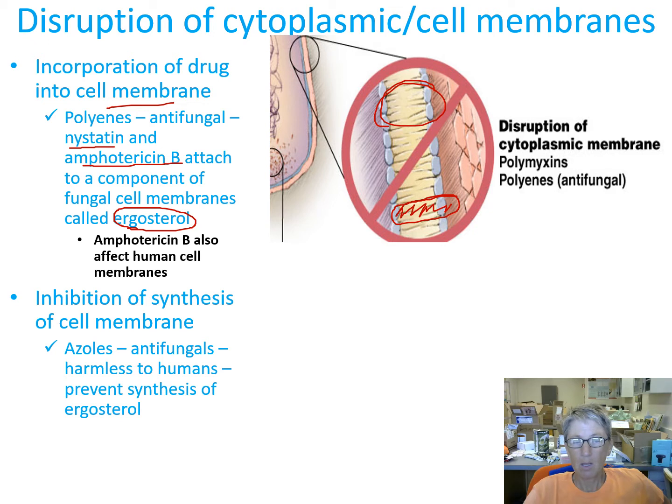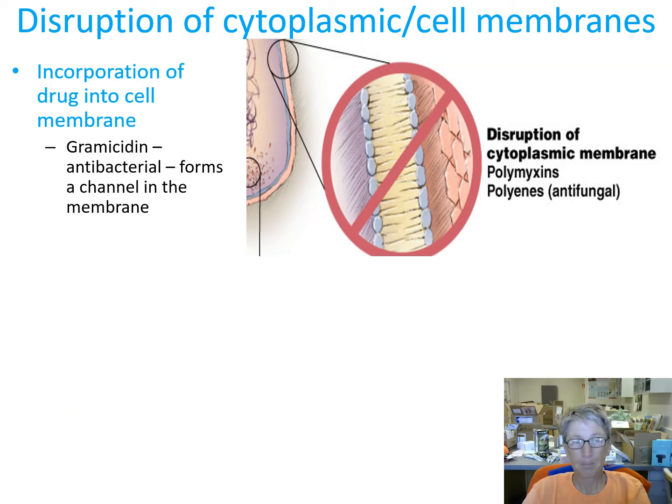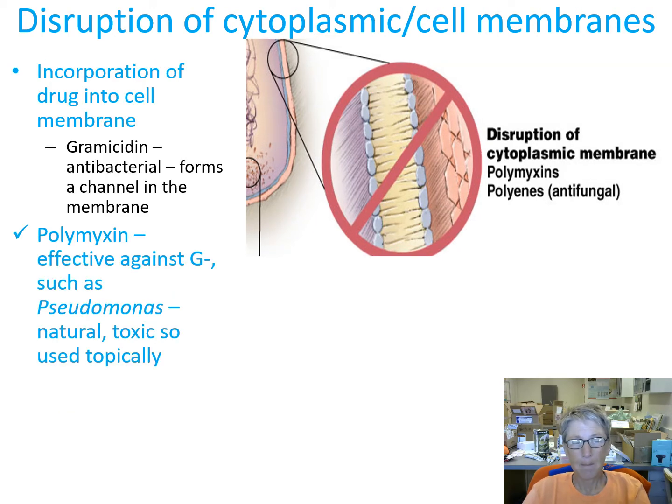You could inhibit the synthesis of cell membranes, like azoles. Those are antifungals. They're harmless to humans, but they just prevent the synthesis of ergosterol that makes the fungal plasma membrane. If you inhibit synthesis of ergosterol, you can't make a functional phospholipid bilayer.